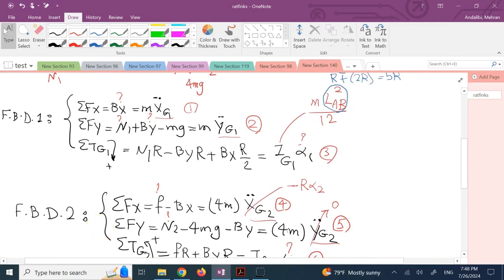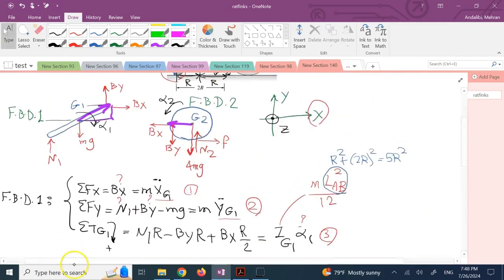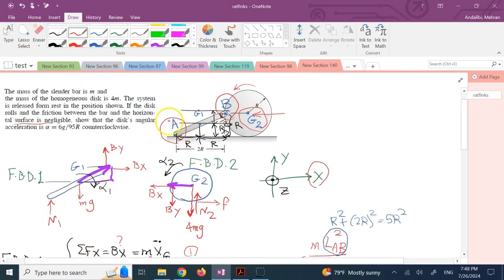So I need one extra equation, and that comes from this last point A, that is only capable of moving on the floor horizontally. For that, I go from G1 to A and I try to find acceleration of A, okay? Or I can go from B to A if you want, because B is easy to find.